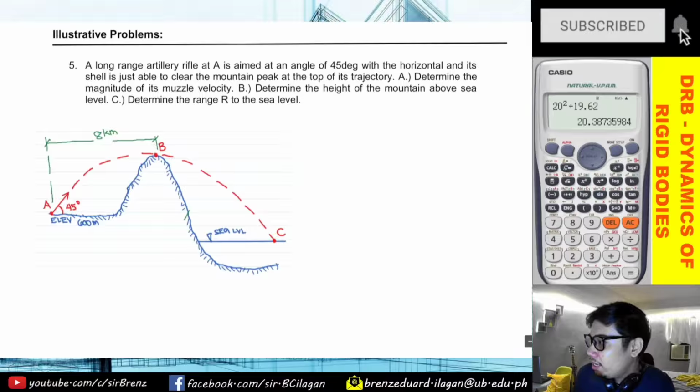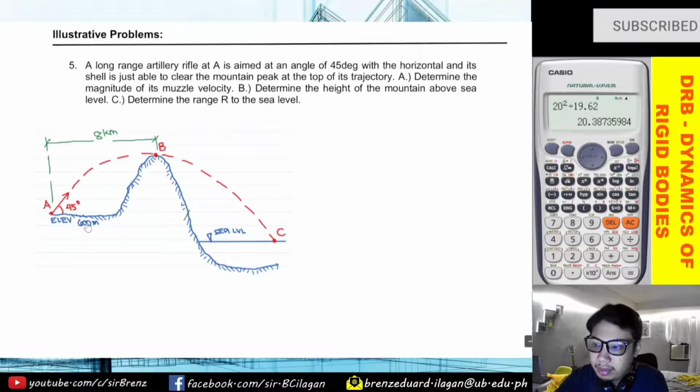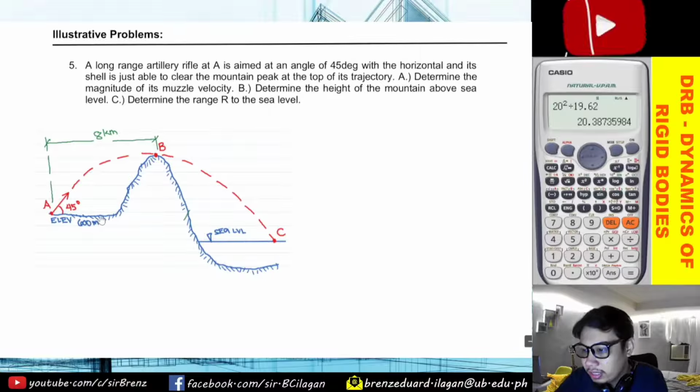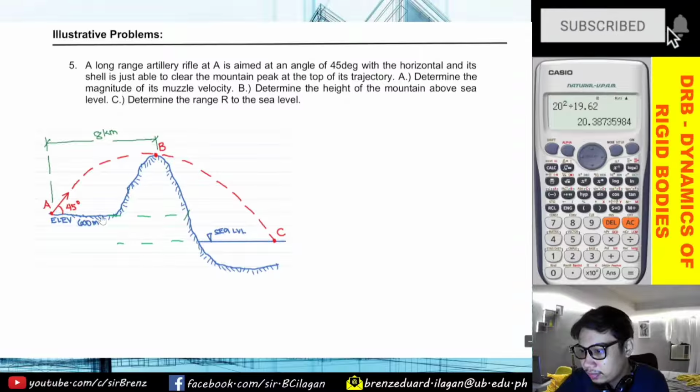So guys, i-label lang natin yung mga given pa. So itong elevation 600 meters. So this is the elevation above sea level. Okay, so ang ibig sabihin niyan, if you are going to project a line here, ito yung tinutukoy na 600 meters.